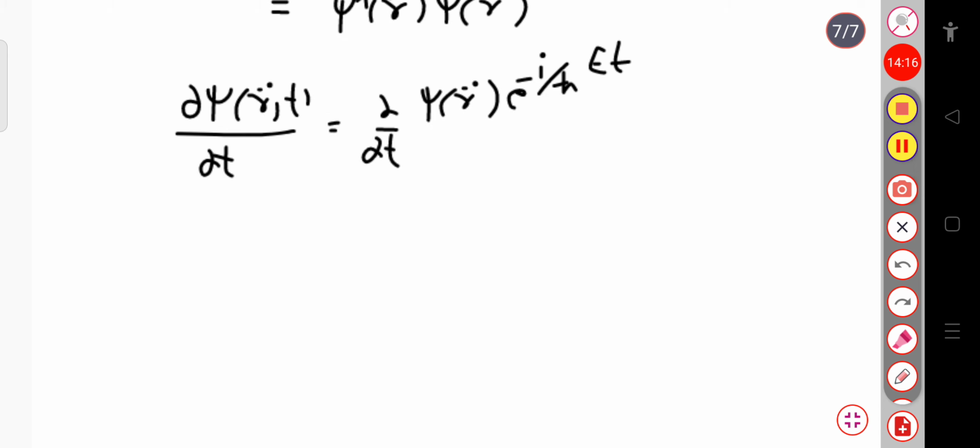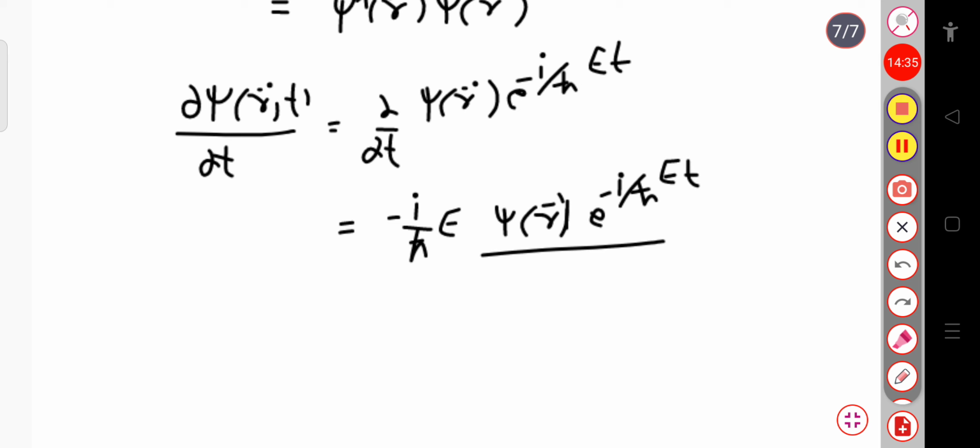If I take the derivative with respect to t, that will be equal to −iE/ħ into ψ(r) exponential of −iE t/ħ. This total term is nothing but ψ(r,t). If I multiply and divide by i, then i squared will be minus 1.